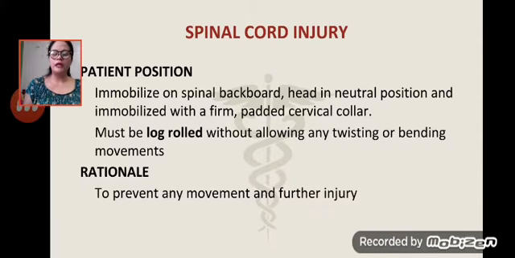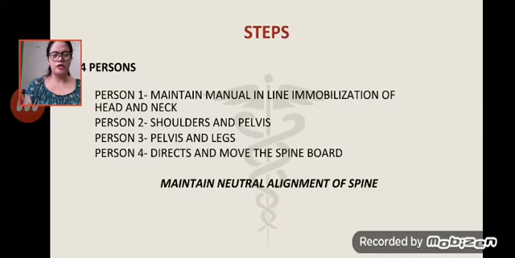So what would be the rationale? Why don't we allow this twisting or bending? For us to prevent any movement and, of course, further injury to the patient. Now there are different types of log rolling technique.